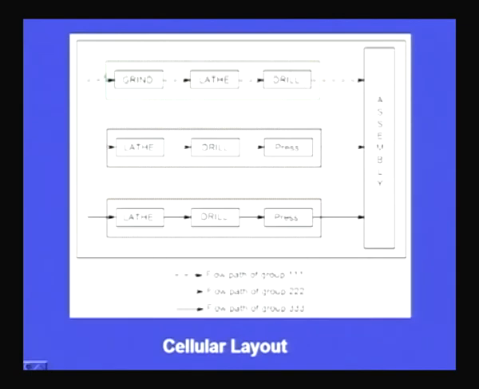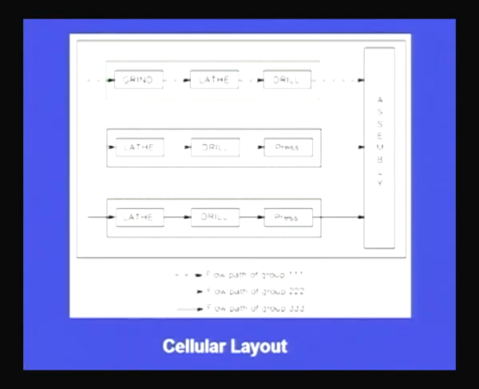This cell is representing a product type of layout, because after one operation, second operation, and then the third operation, the sub assembly is ready, which is finally assembled into the final assembly. So, different cells are there, and each cell is dedicated to a specific group of parts which would be manufactured therein.